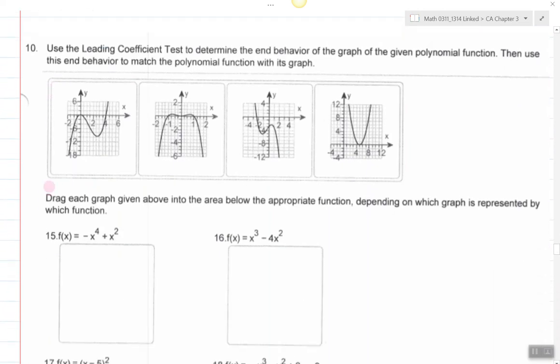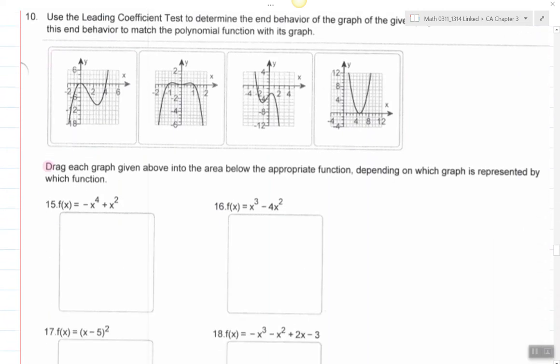Now, number 10 in my math lab, you will click on one of these and drag it to the right position for 15, 16, 17, and 18. But that's not really the numbering of the problem.